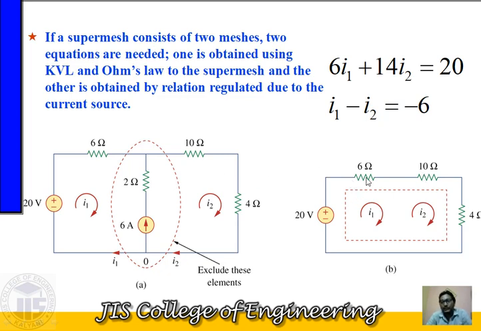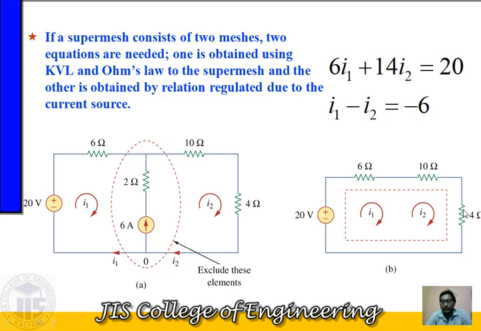But we will consider the KVL as per this full super mesh, for this full closed path. For this 6 ohm resistance, as the current is I1, the voltage across the 6 ohm is 6 into I1. Similarly, the current through this 10 ohm resistance we have considered I2, so the voltage across it is 10 into I2.